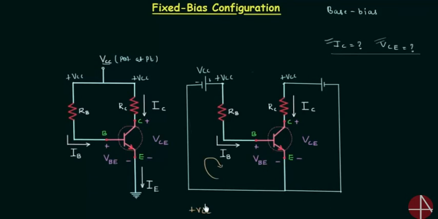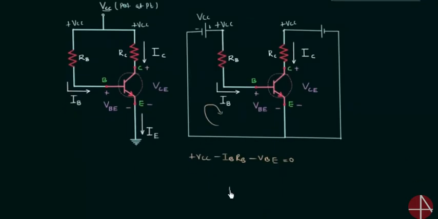minus IBRB minus VBE equal to 0. From this equation we can easily calculate the base current. Base current is the input current. So IB is equal to VCC minus VBE divided by RB.